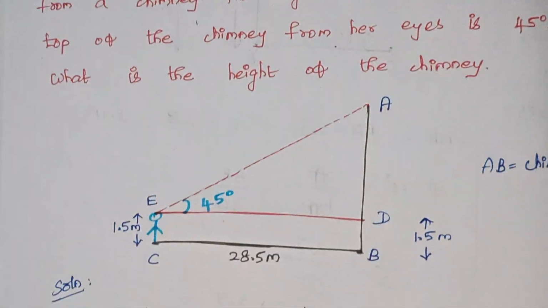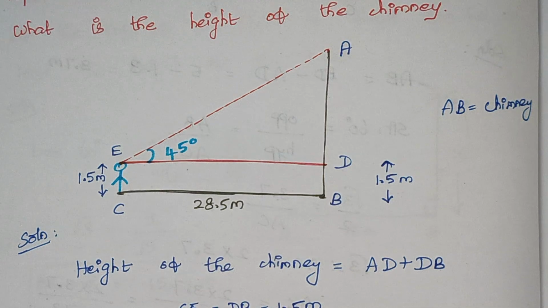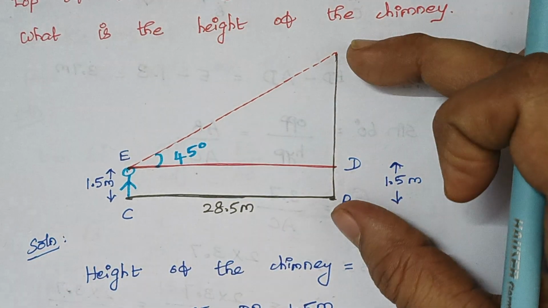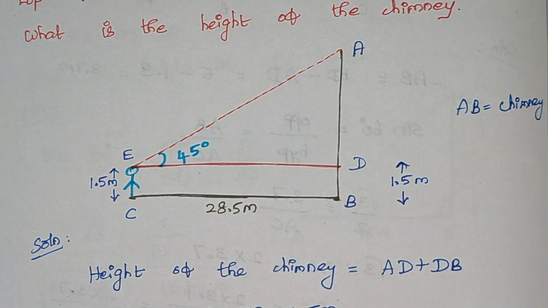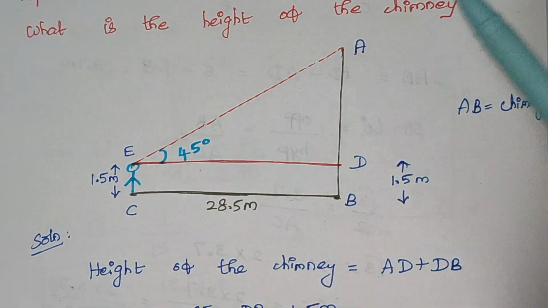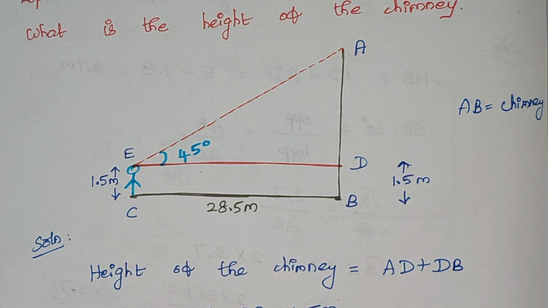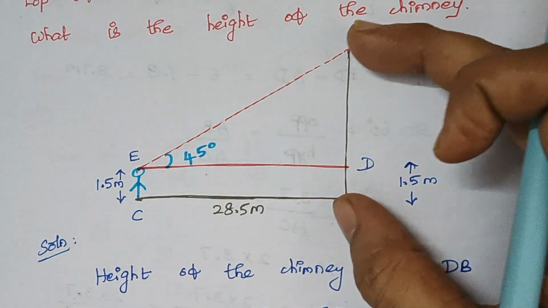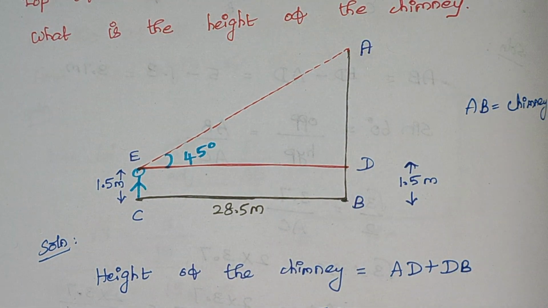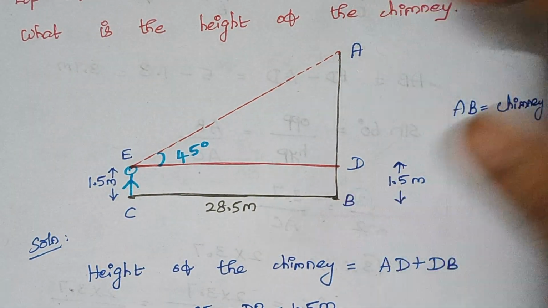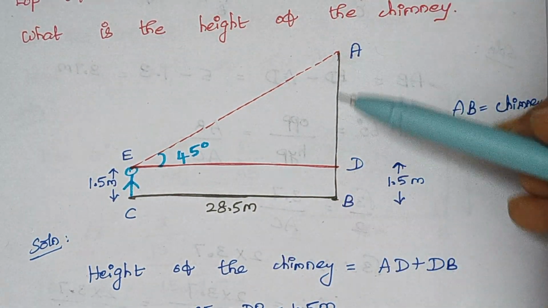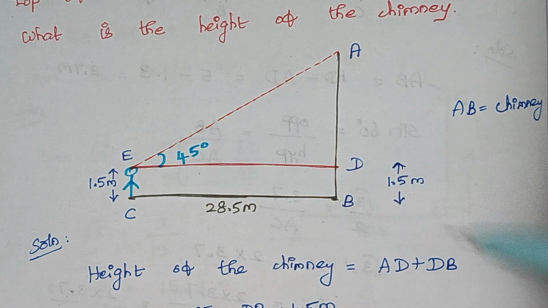Now you see this is the diagram. AB is the chimney and here is the person. The same diagram I have drawn in a better way. Now you have to find the height of the chimney. Here the height of the chimney is AB, and AB can be written as AD plus DB.